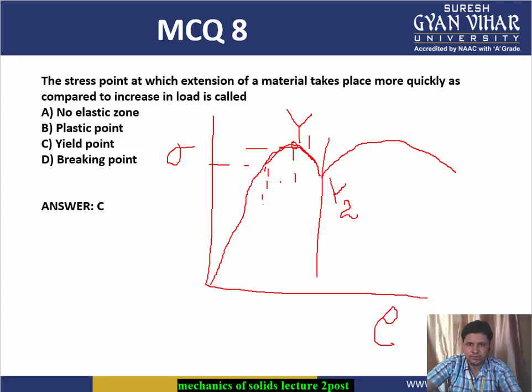So this particular portion from here to here is known as your yield area and these are the yield points. All right, so the answer of this MCQ is your C, option C. All right, I hope this is also an easy question and it is well understood by you.